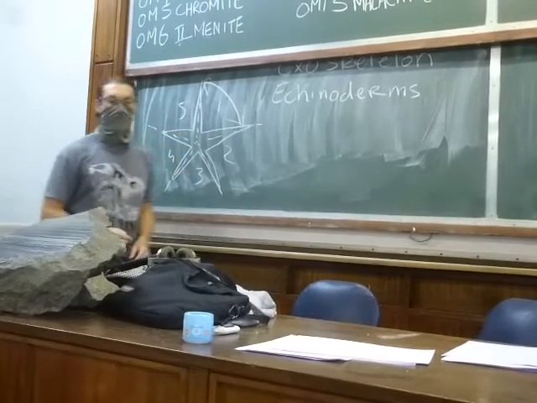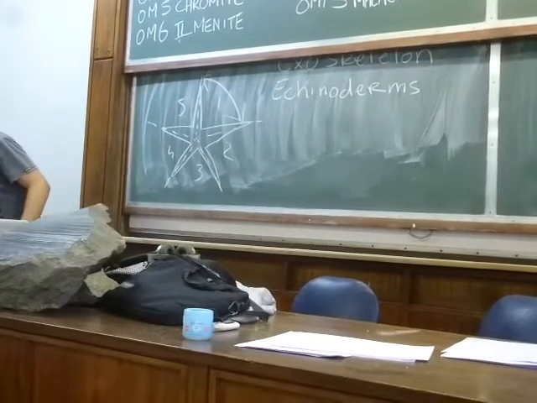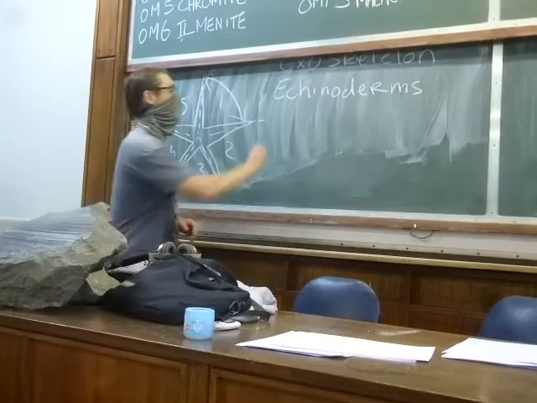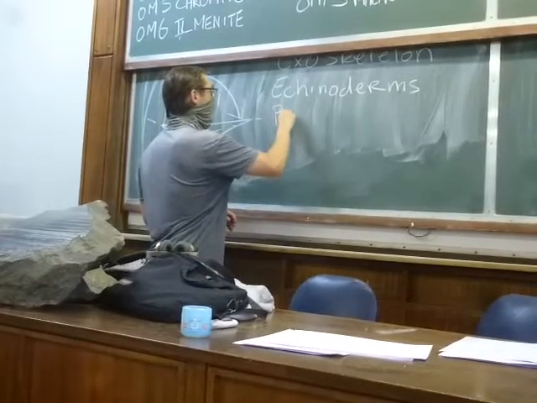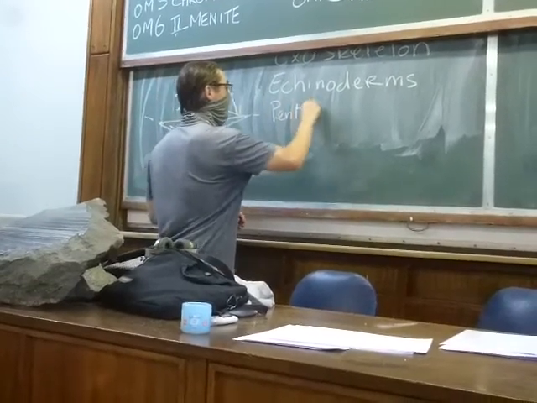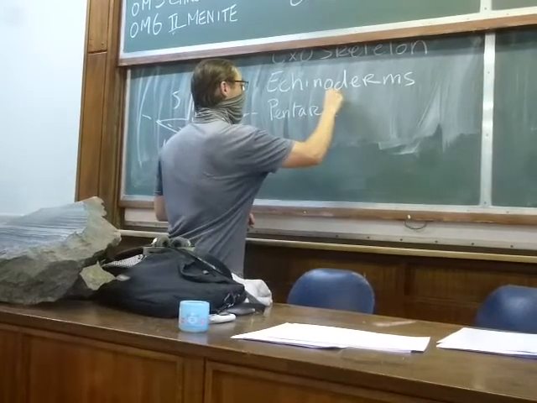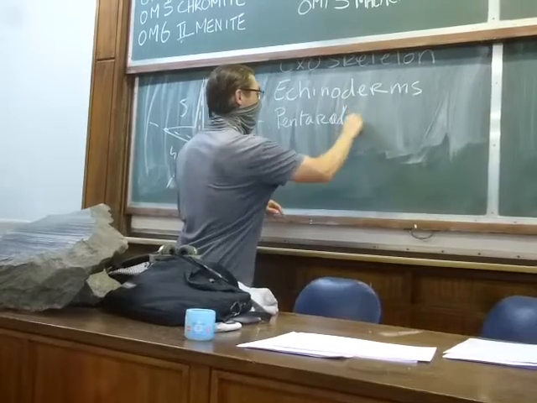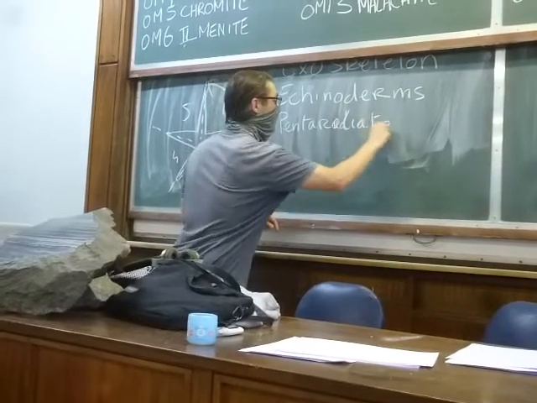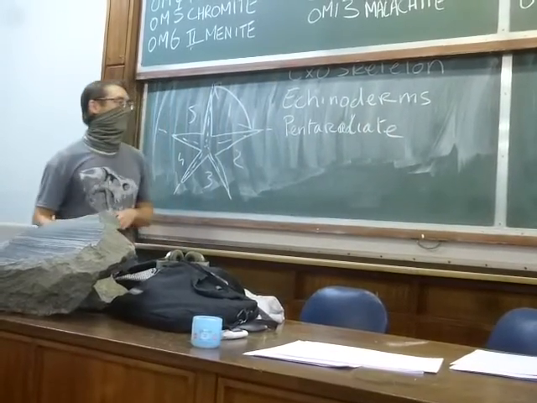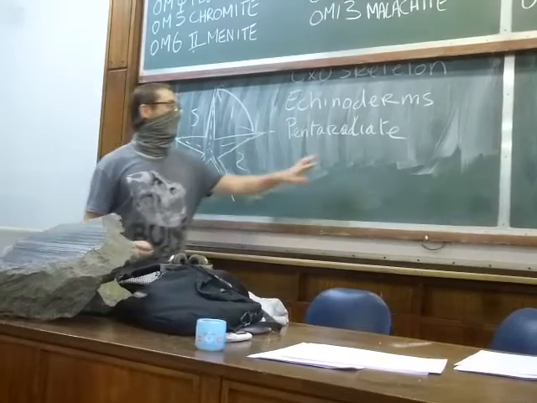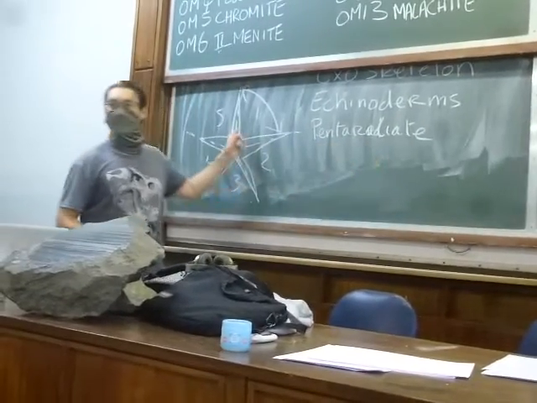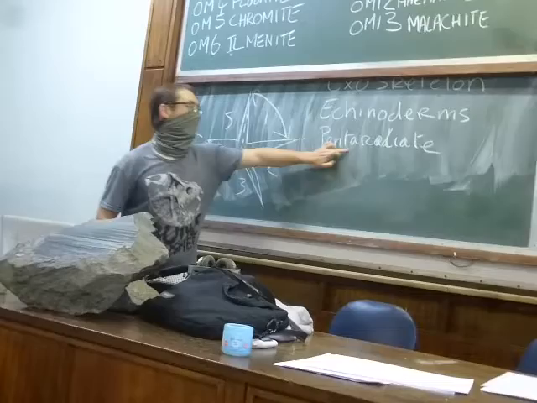This is called a pentaradiate symmetry. Radiate means around, and penta means 5.